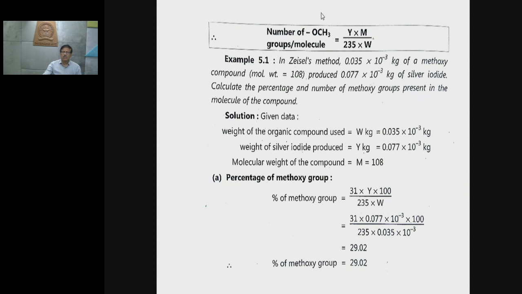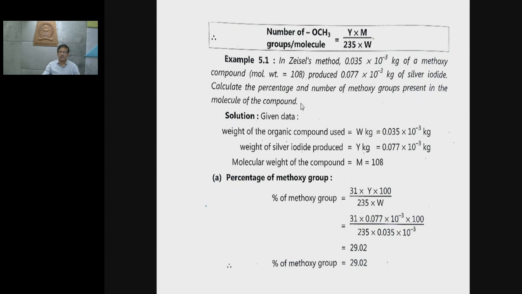So the number of methoxy groups is Y multiplied by M divided by 235 into W. That is, we need the weight of AgI formed, Y, the molecular weight of the methoxy compound, M, and the weight of organic compound containing OCH3 which is used, W.